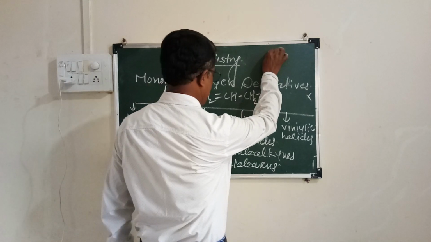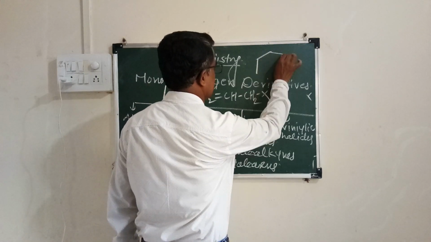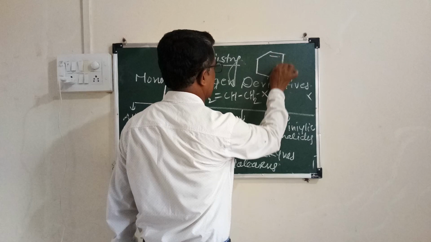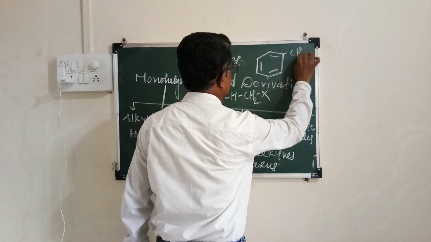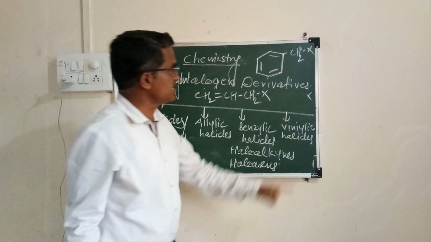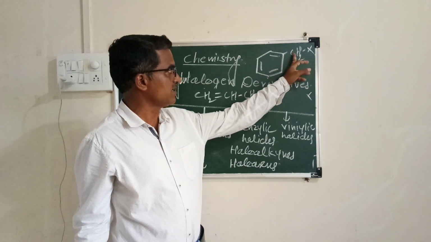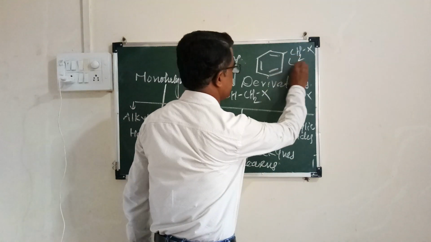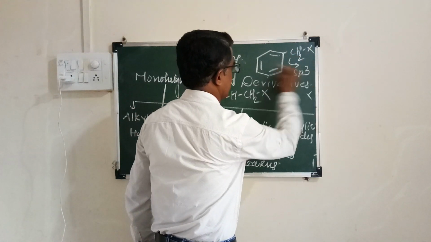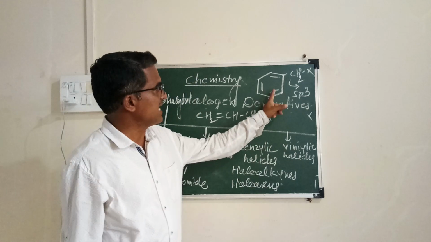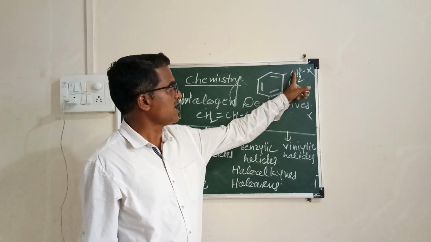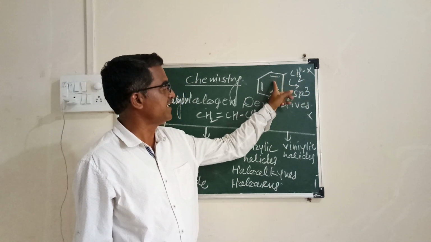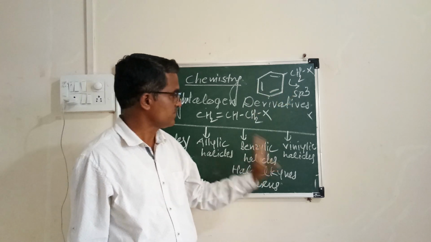Example of benzylic halides: C6H5-CH2X. In this example, the halogen atom is attached to that carbon atom which is directly attached to the benzene ring or nucleus. This carbon is also in sp3 hybrid state. That is the benzylic halides.